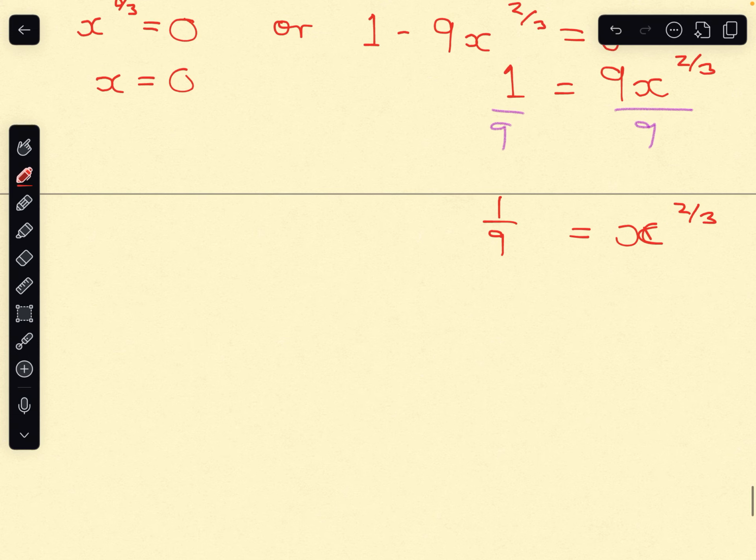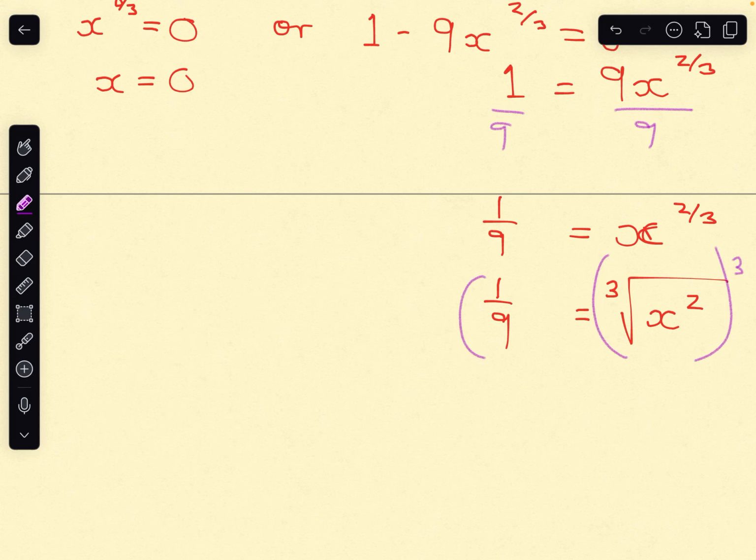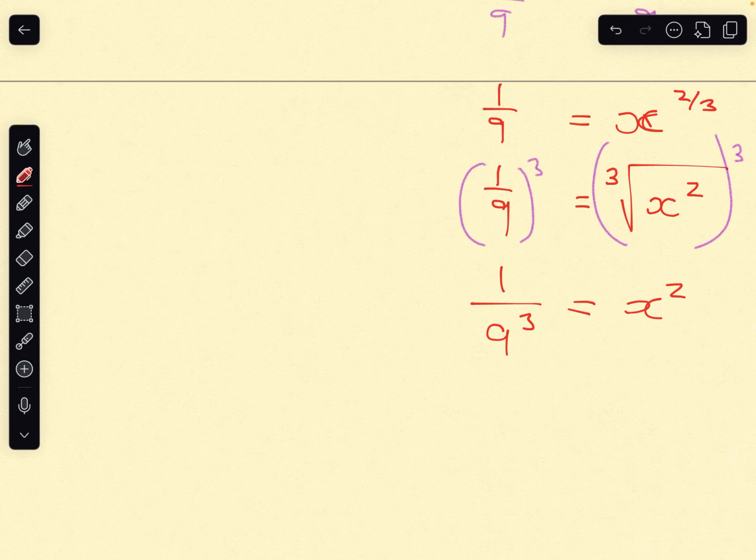So let's just see what this means. This is the cube root of x squared is equal to 1 over 9. Okay, so that makes it very clear what I need to do. I'm going to cube both sides. So that will be 1 over 9 to the 3, not in the mood to work out what that is, equal to x squared. And then we just need to be careful here.